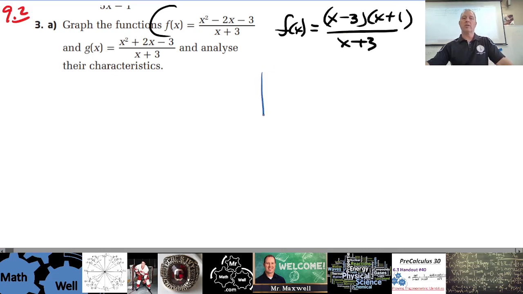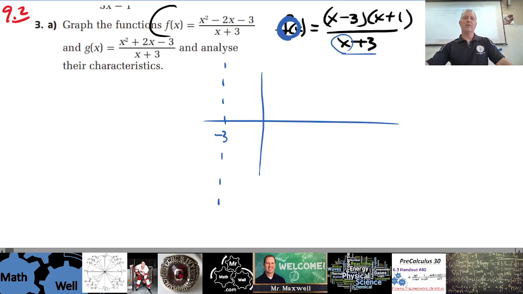So that means to graph this one, at x equals -3 we have a vertical asymptote, right? Because upon simplification, this factor is still in the denominator, so that's a vertical asymptote. Now, if I let y equal 0, I could find x-intercepts.